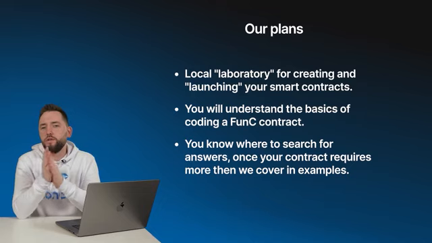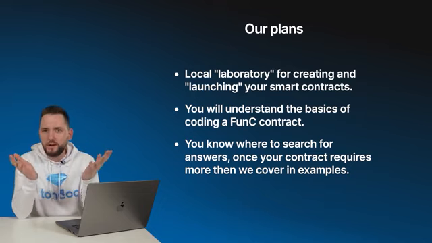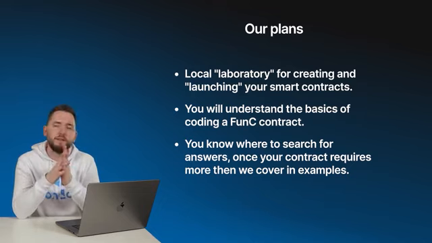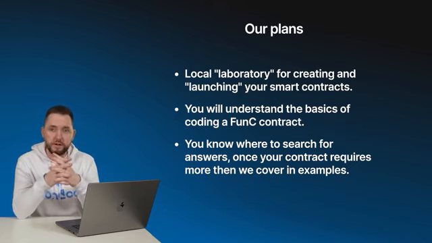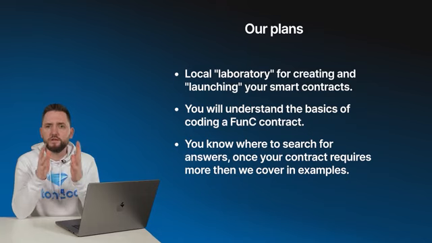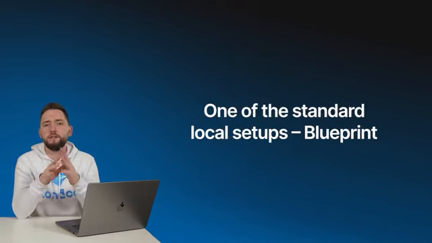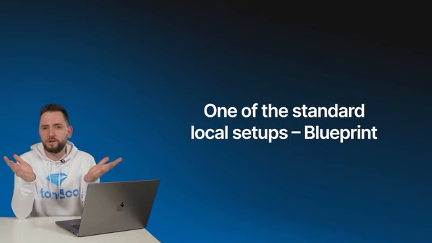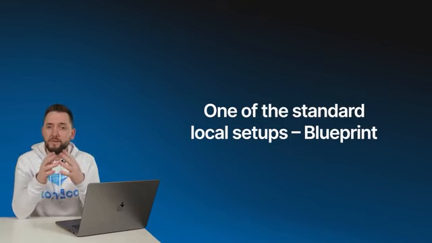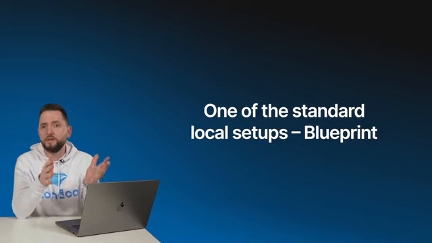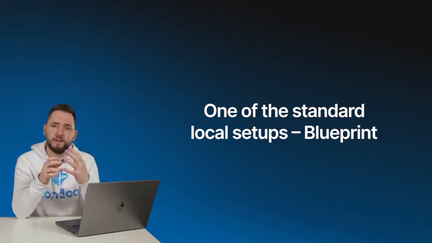You might be asking yourself, are there any standard local setup environments for writing, testing, and deploying smart contracts? That's actually a good question. TON has a rapidly growing set of programming tools, and sometimes it doesn't make sense to reinvent the wheel and create your own custom local setup. There's a great one that's worth mentioning, maintained by the TON Tech team and officially supported by the TON Foundation.